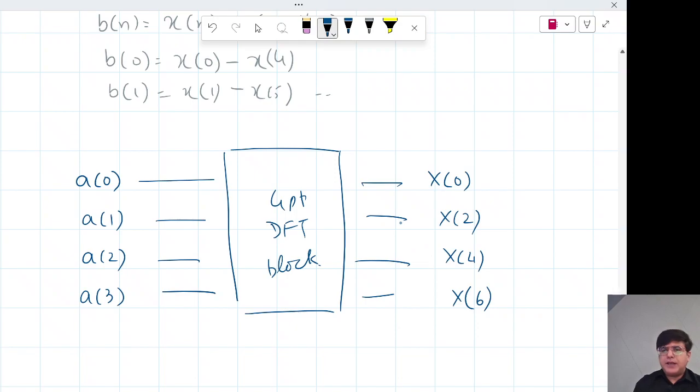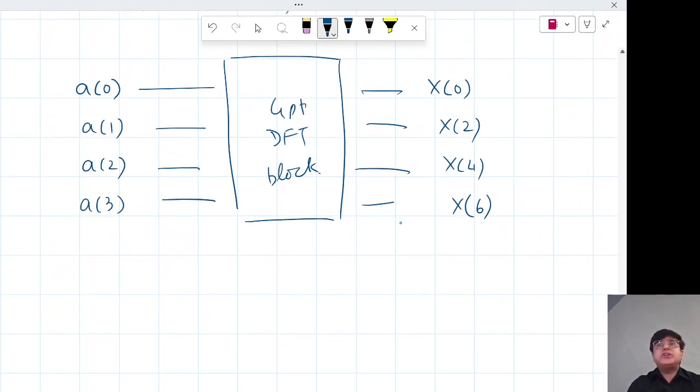Now what I need to do is the same process again. I'll get the even indexed coefficients first, and the odd index coefficients second.